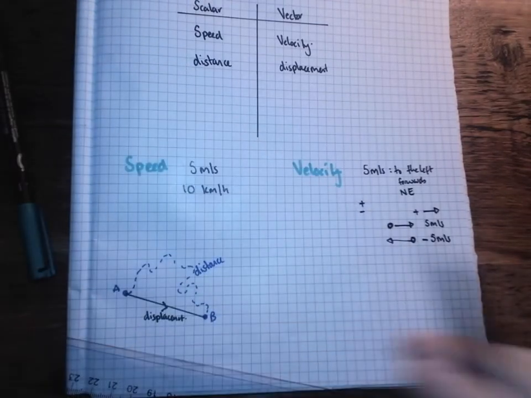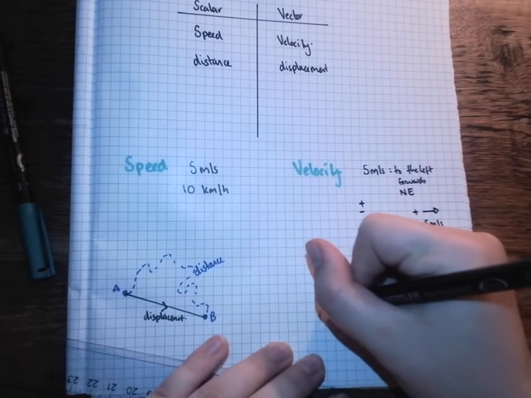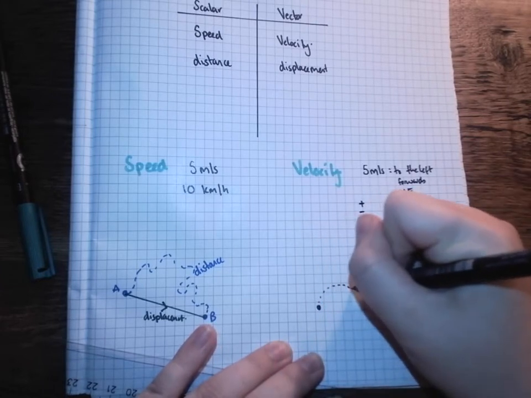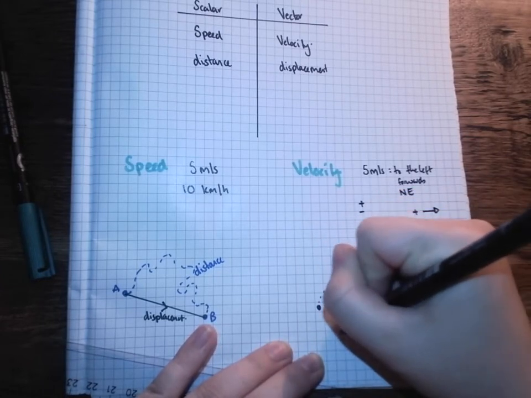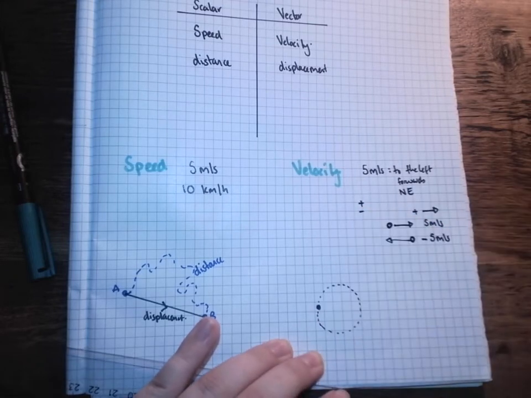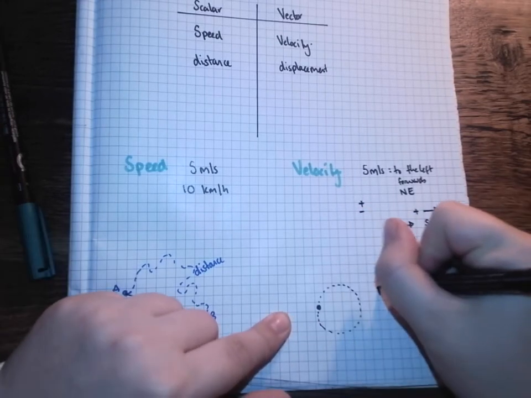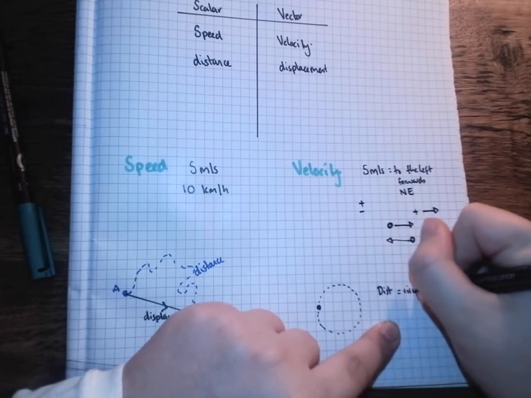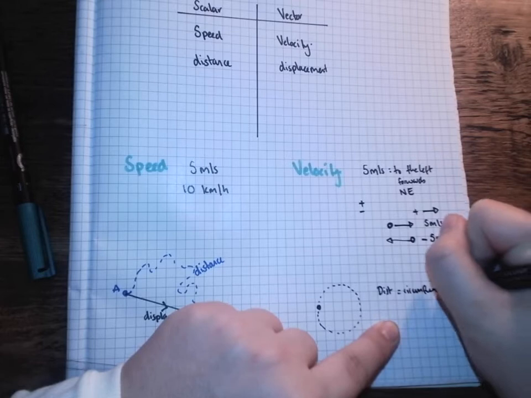A nice little example for this is if somebody has started in position A and they go all the way around in a circle back to position A and stop. In this case, their distance is going to be equal to the circumference of the circle.